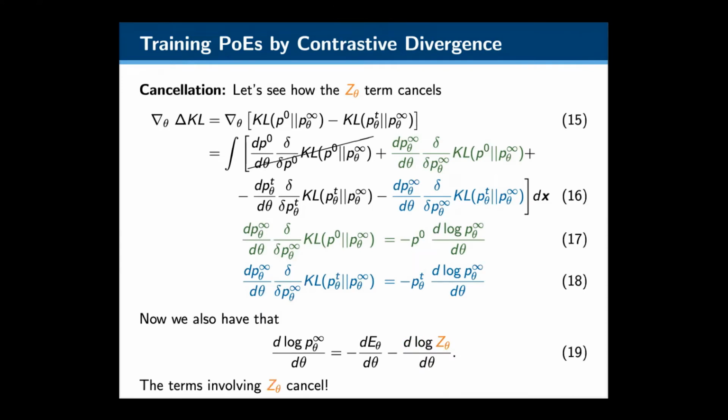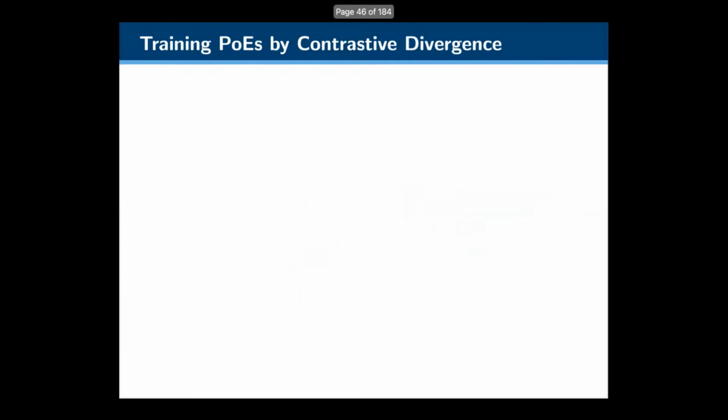If you step through these steps, you substitute equations 17 and 18 into 16, and then 19 into 17 and 18 as well, and the z theta term cancels. You don't have to remember any of this, but if you're interested, you can go through the derivation.